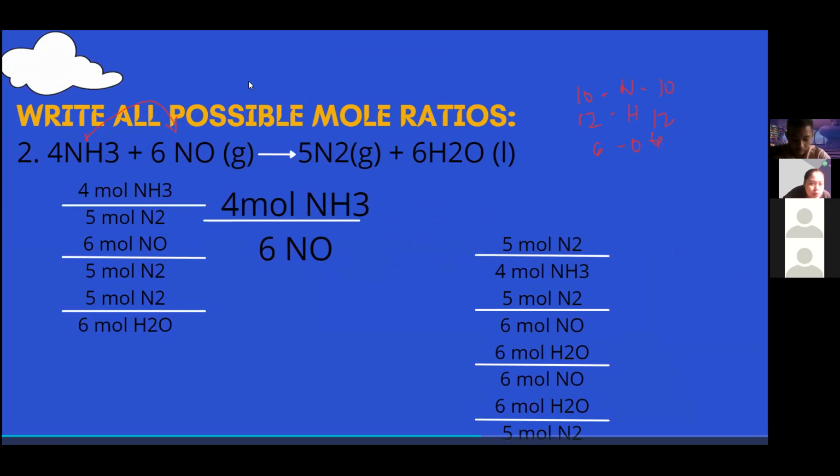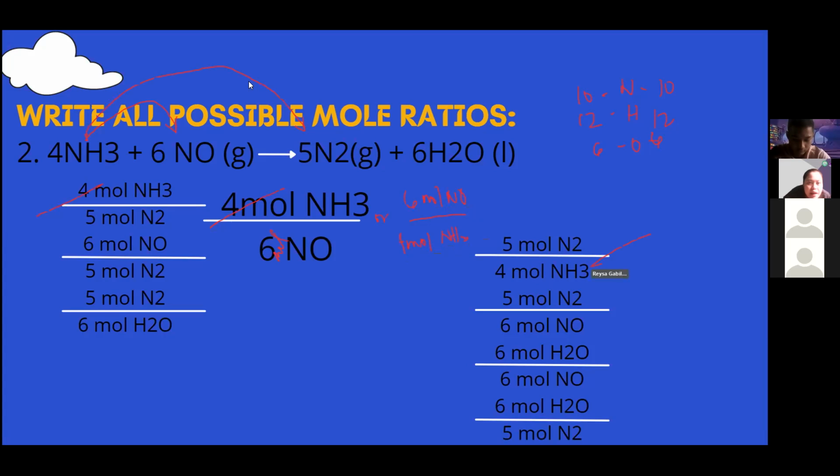You have there 4 moles of ammonia and the NO, and then the vice versa of this, ha? So you may also write moles here of NO is to 4 moles of ammonia. Okay? And then ammonia and N2, this is it. So, ito yung kanyang reciprocal.